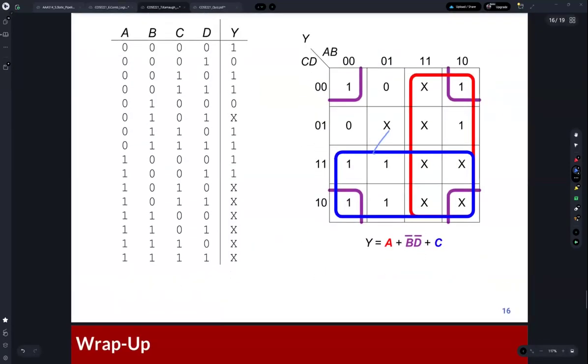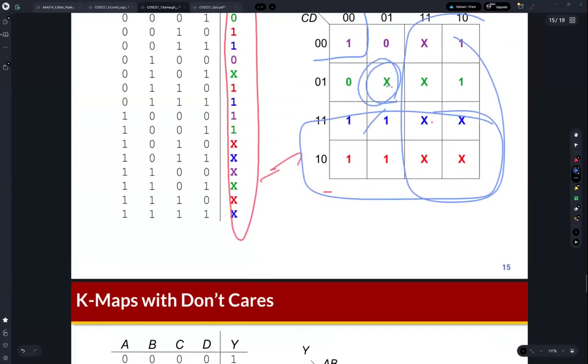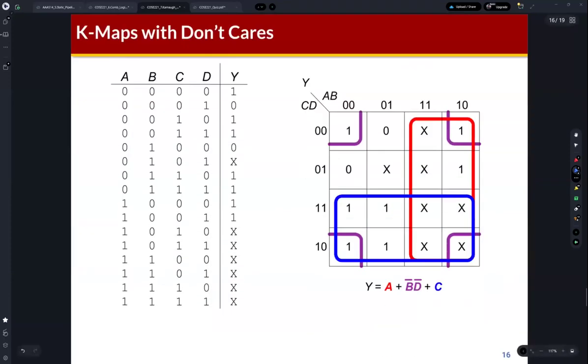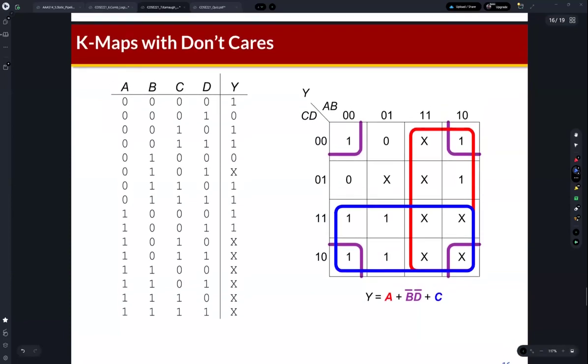Actually, we don't need to make this circle. Okay, this is the result. So X can be included in the large circle, and this X is not included. So this is the optimized Boolean equation by this Karnaugh map.